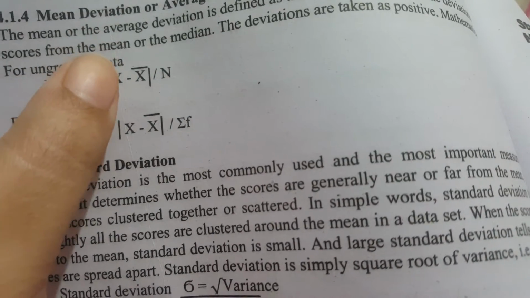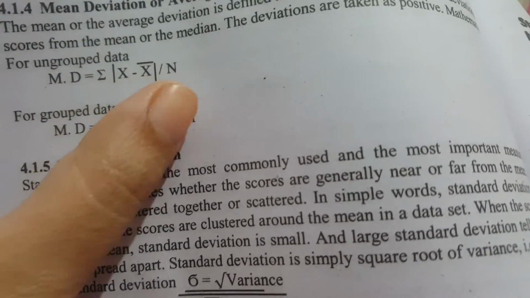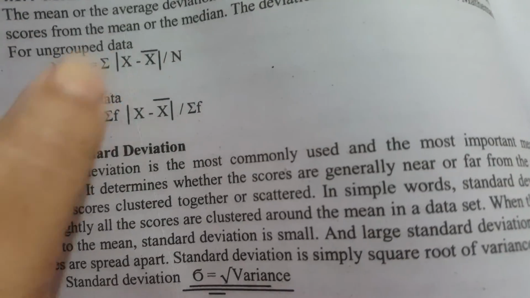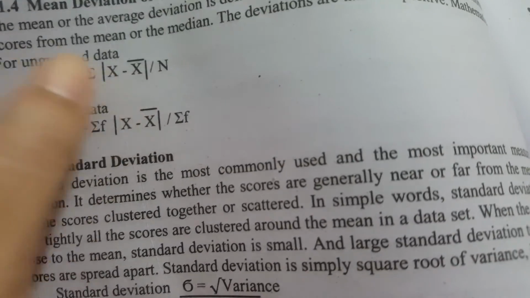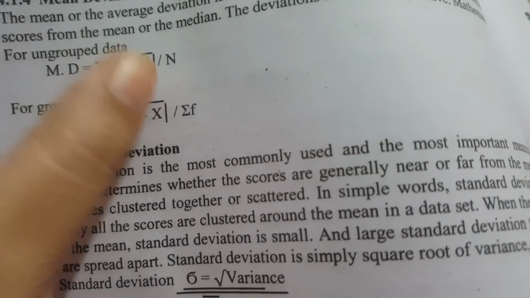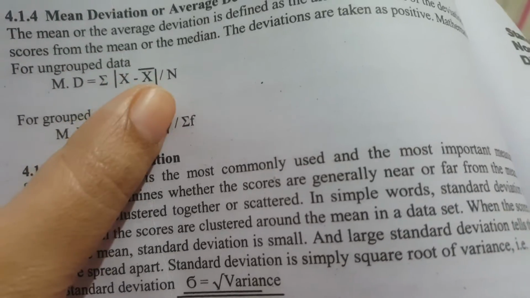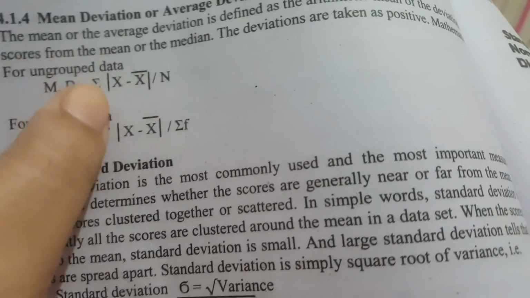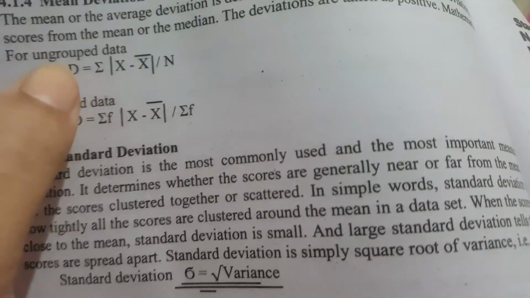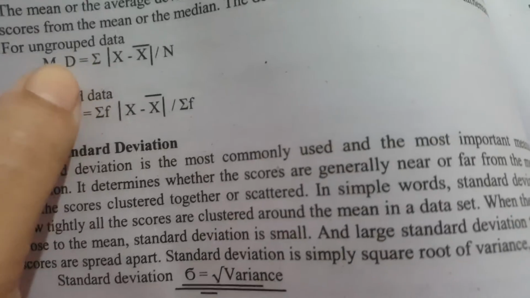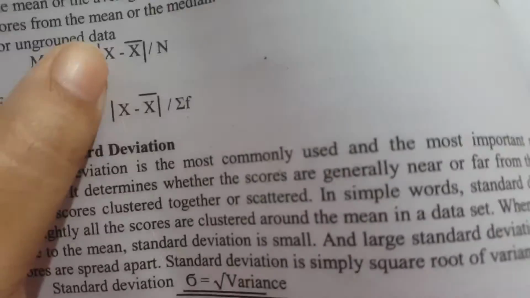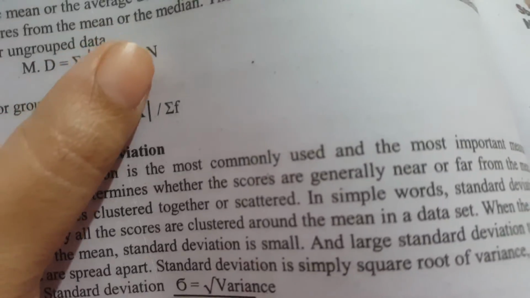First we have to find out the mean, then we subtract the mean from each value, and then divide by n. And for grouped data, this is for ungrouped, we will place f here and here also f.